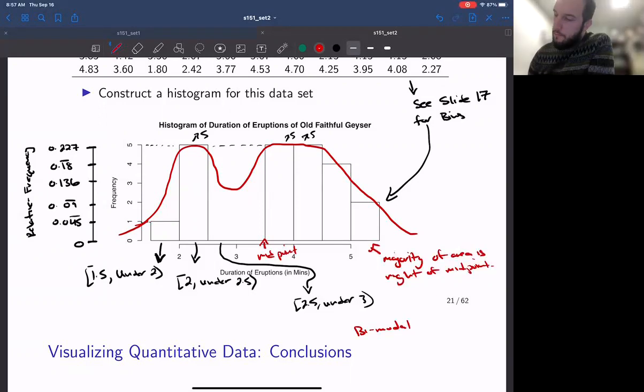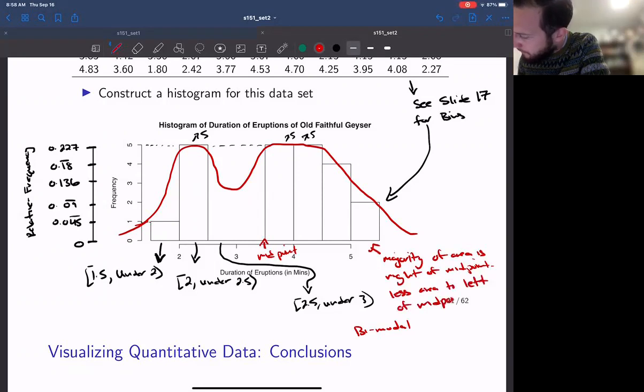So therefore, I would be inclined to say that this is actually a bit of a left skew, because even though the first peak makes it difficult to see, you have less area to the left of the midpoint, which is typically what we would associate with a left skewness. Okay, so majority of area is right of the midpoint. Okay, so that means less area to left of midpoint.